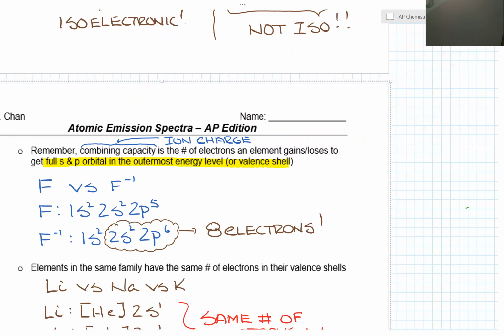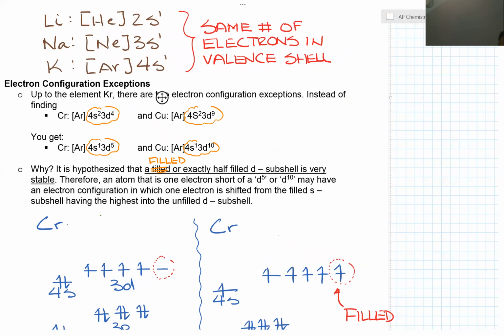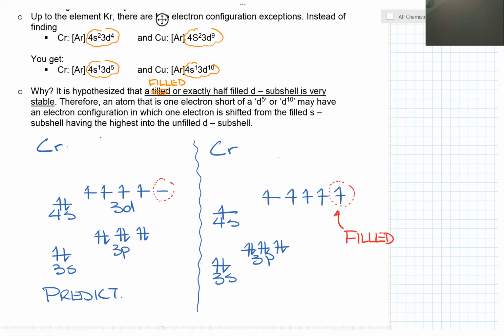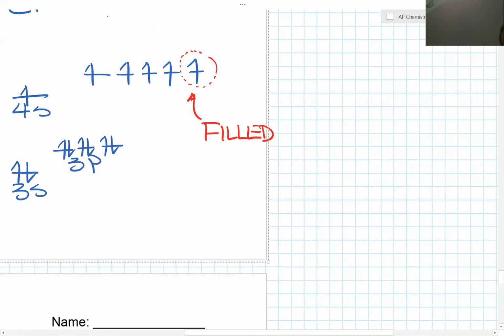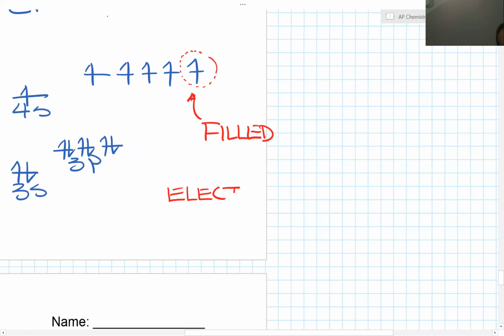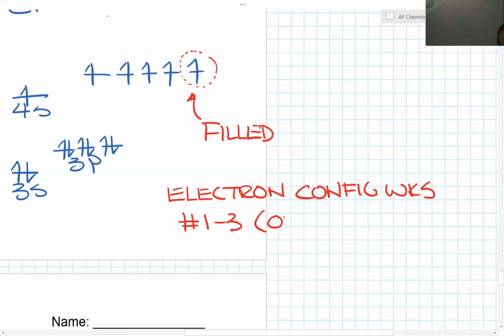Okay, so that will be the end of electron configuration. What I will be doing is asking you to do the electron configuration worksheet. I would like you to do numbers 1 to 3, the odd letters.